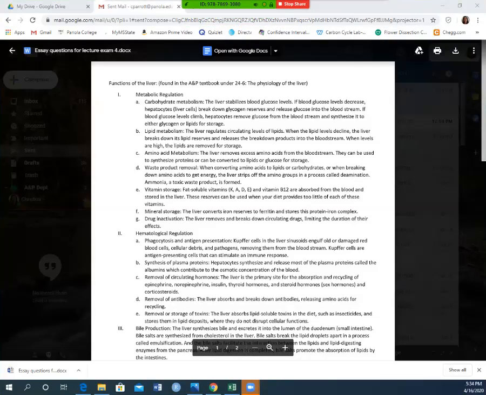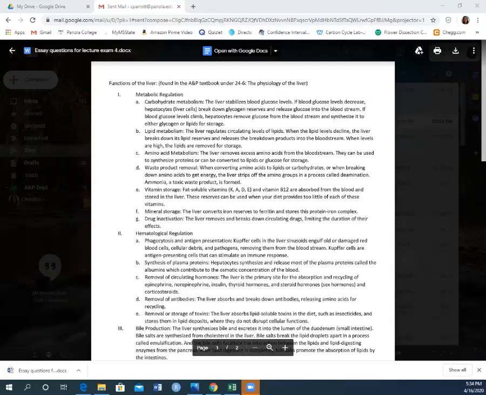So in metabolic regulation, this is going to be the liver's primary function. And so its function is to regulate the composition of the circulating blood. And the way it does that is through metabolic regulation. So in A here, carbohydrate metabolism, the liver is responsible for stabilizing blood glucose levels.